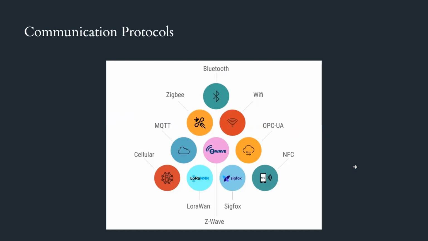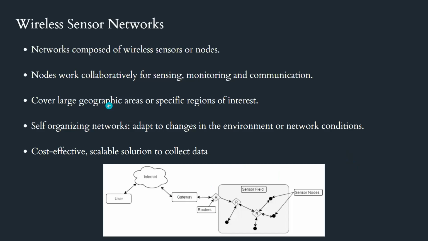So that is also a crucial component in the IoT. Then we talk about wireless sensor networks. As I said before, if the sensors are placed in remote locations, we need to have a proper, organized method of collecting the data and transmitting the data to the end destination.